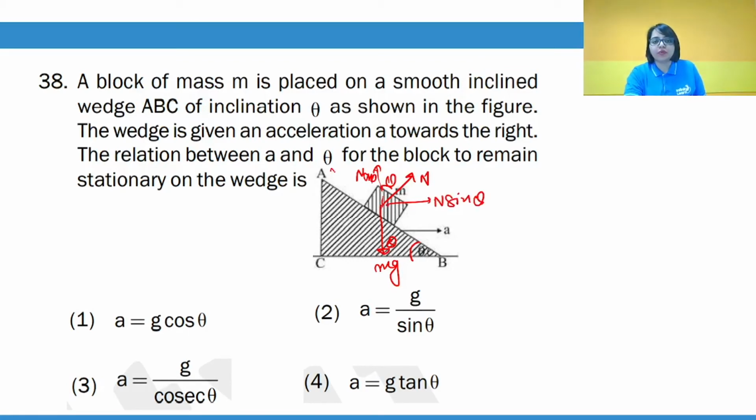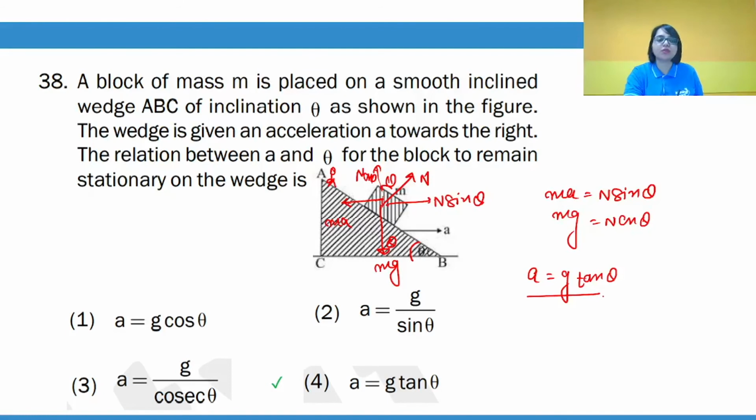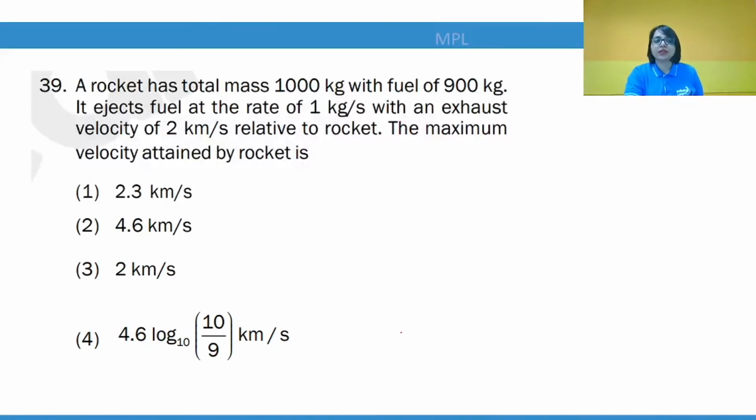And if you observe everything from this wedge, this is non-inertial frame of reference. So pseudo force will be backward ma. So basically, ma is balancing n sin theta according to this frame of reference and mg is balancing n cos theta. So when you divide these two equations, you'll get a is equals to g tan theta, that is equals to option 4.